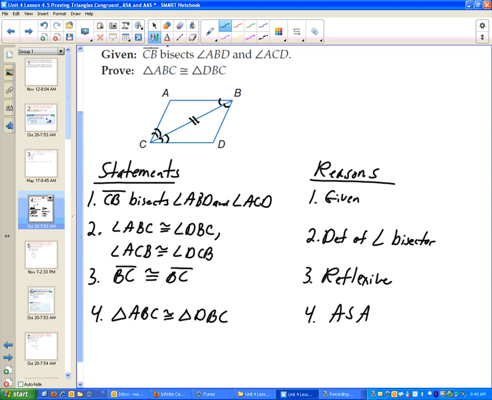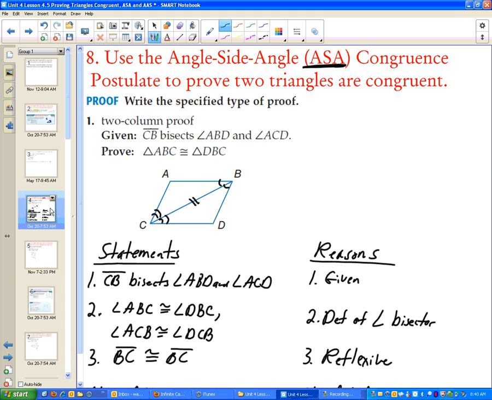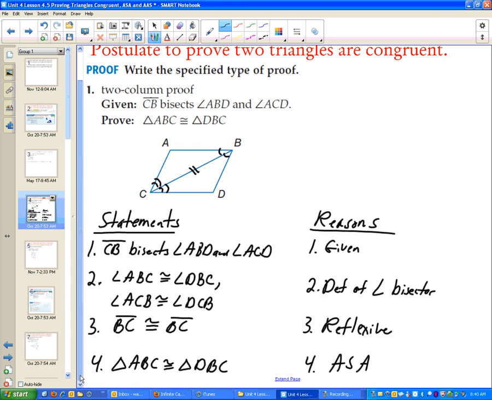Any questions? All right. What do you mean, which one you use? You mean like side, side, side, that kind of thing? Whatever works. Okay?